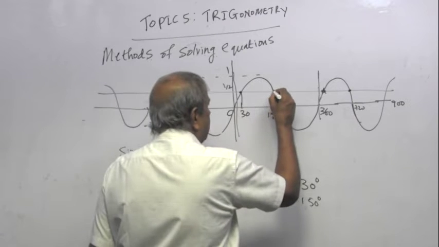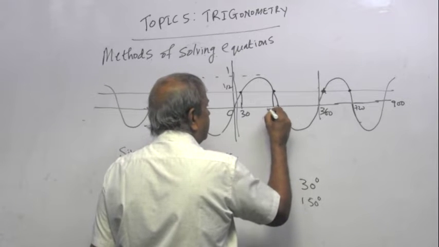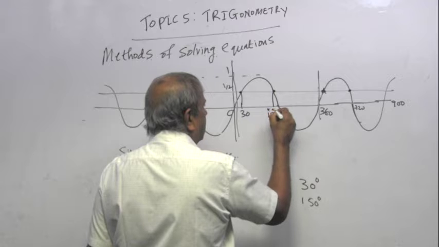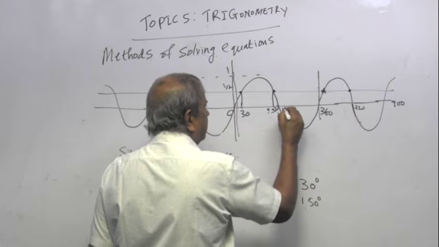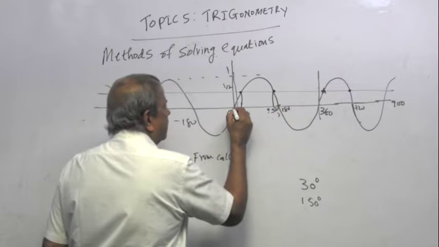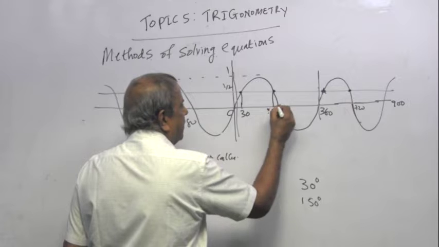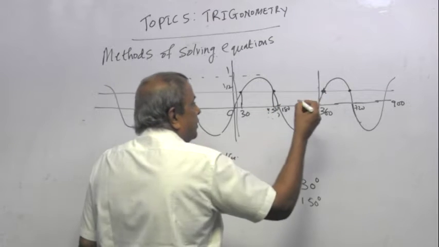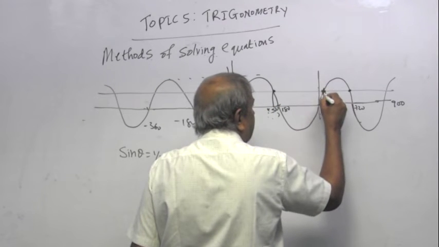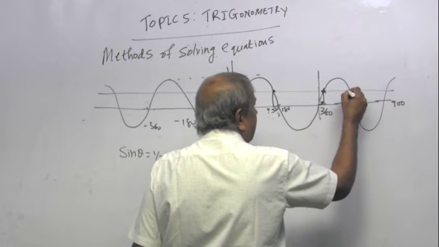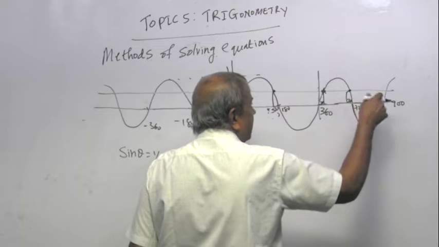So this angle is 150. That's 150, that's 180. Now, that difference is 30. That difference is 30. So after 360, I can have an angle 30 there. I can have another angle 30 there.